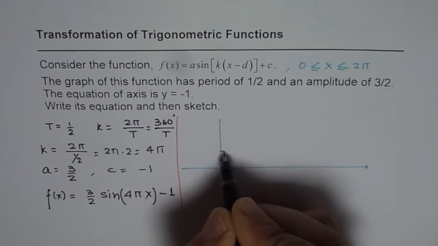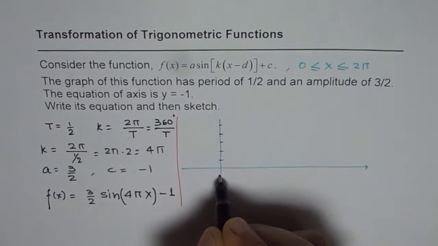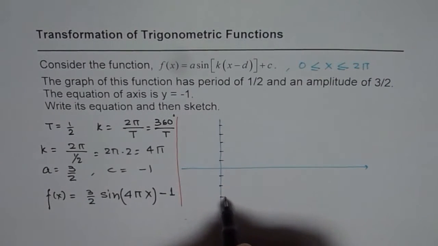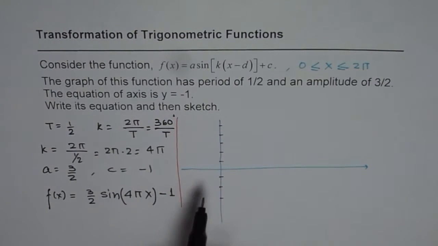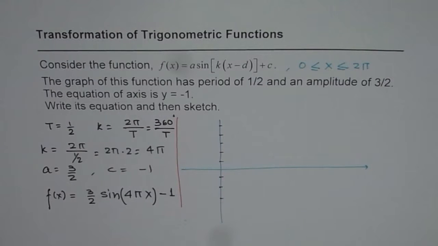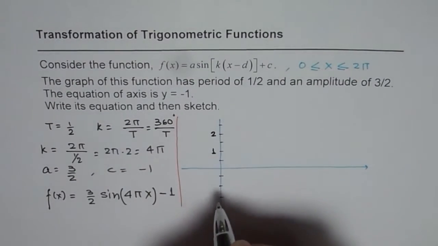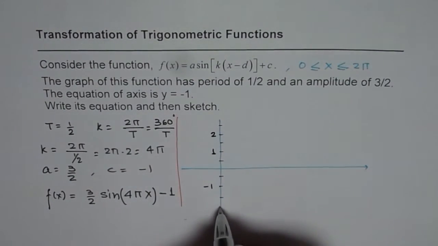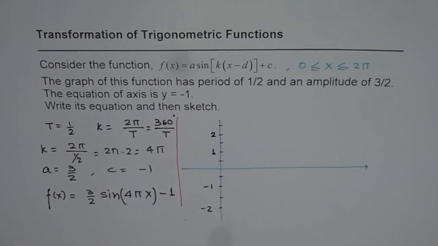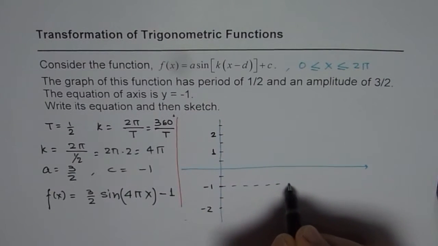So half, 1, 1.5, 2, 2.5, like this. It's good to have divisions which make it simpler for you to do your work. So in our case, 2 divisions will be 1. So this is 1 for us, this is 2. Likewise, this is -1, and here we'll have -2, correct? We always begin with the axis, which is at -1. So let me draw the axis here, which is -1.